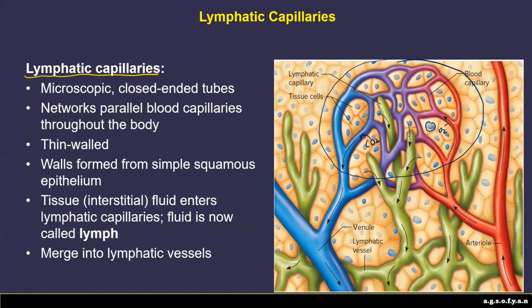And again, there are extra fluids that will be available in this capillary, and these extra fluids, together with other materials like foreign particles, bacteria maybe, will be absorbed by this lymphatic capillary, and it will be carried into the lymph nodes.